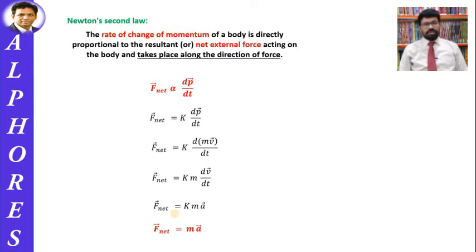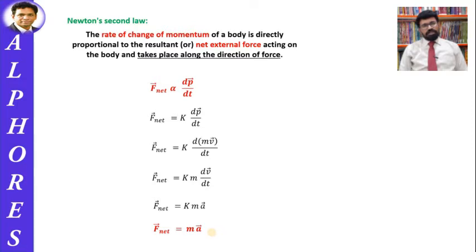We have to do an experiment, and whatever data we extract in that experiment, in that data we will be able to identify the constant of proportionality. And here the constant of proportionality from the experimental observations comes out to be 1. So if k is replaced with 1, finally what will be your equation? F bar is equal to ma bar. So this is how mathematically you can express Newton's second law of motion.